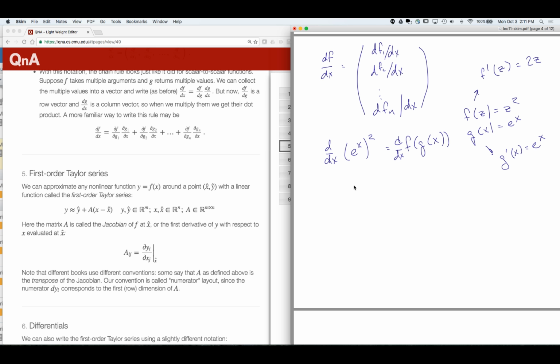And so if we do the chain rule, this is f prime of g of x times g prime of x, and that's equal to 2 g of x, which is e to the x, times g prime of x, which is e to the x again. And so this is equal to 2 e to the x squared.